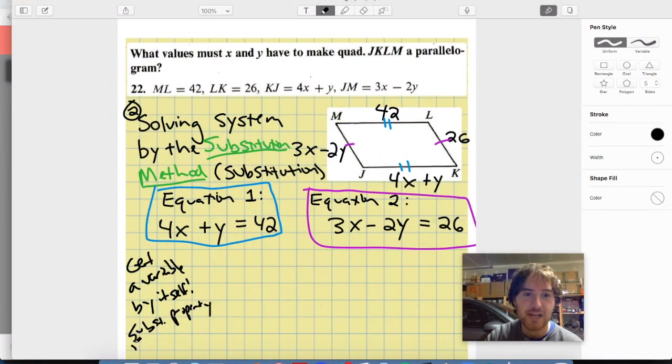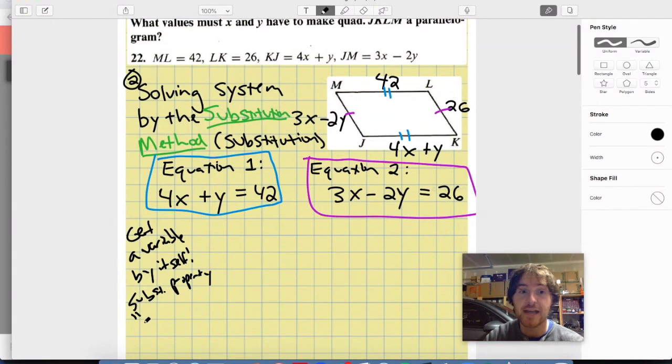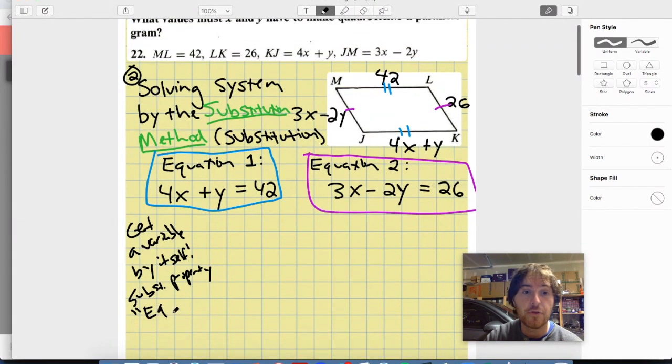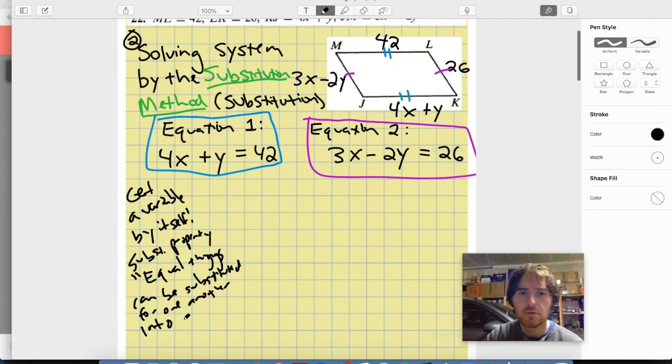If we remember back to section 1.4 from our geometry textbook, it says that equal things can be substituted for one another into an equation or an inequality. We've been dealing with that all year.